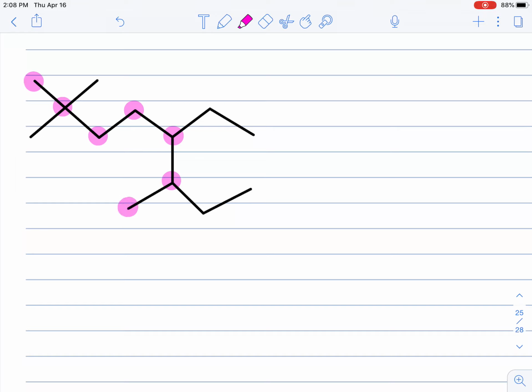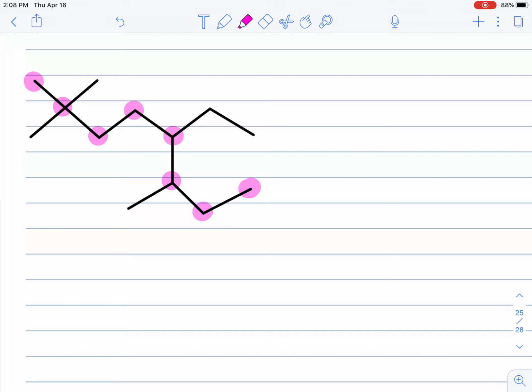If I number it this way, I still have 7. So I'm going to take 1 step back. So right now I have 6 carbons, and then this is going to be 7 and 8. So if I follow this path that I've highlighted with the pink, I have 8 carbons in my organic structure.